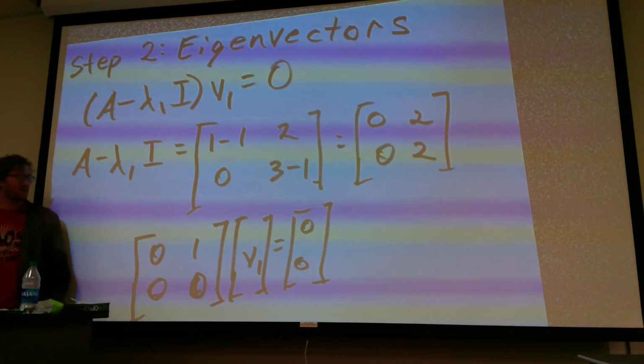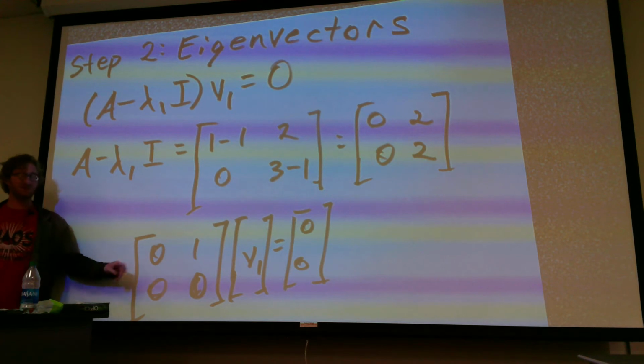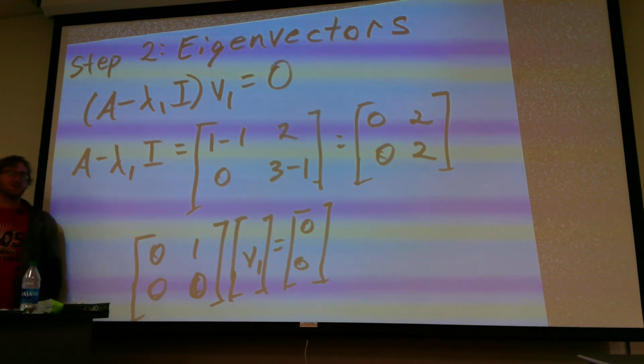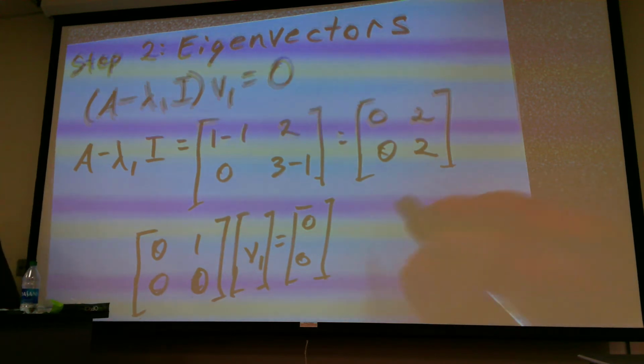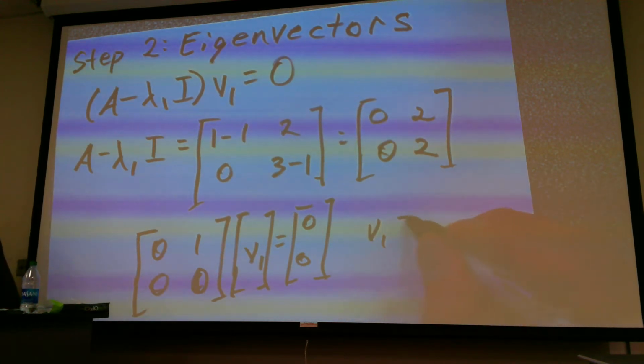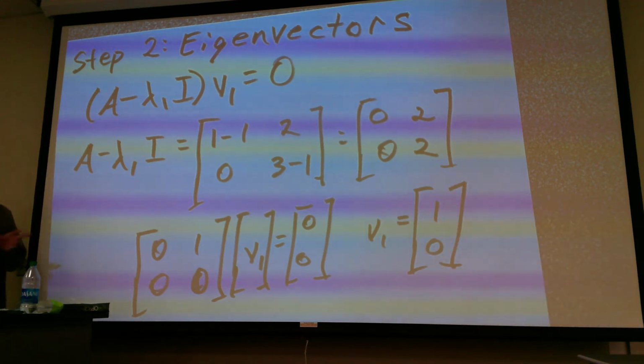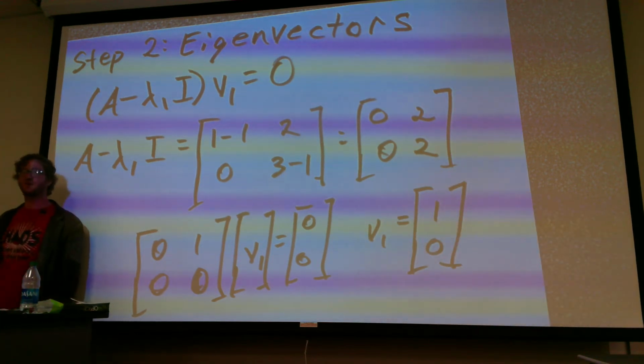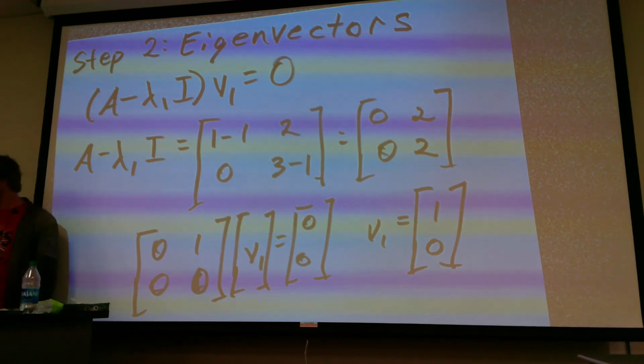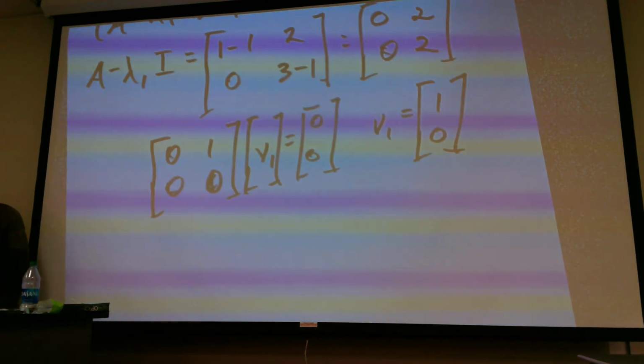Well, this is kind of a weird case because this is our pivot and this is our free variable, and the free variable is not affecting the pivot at all. So we're just going to call V1 1, 0. Because if that matrix acted upon 1, 0, no matter what, it's going to produce zeros. So the first one is just a free variable.